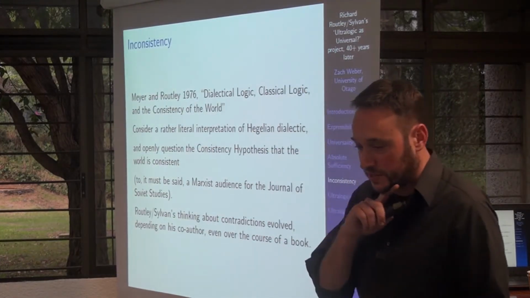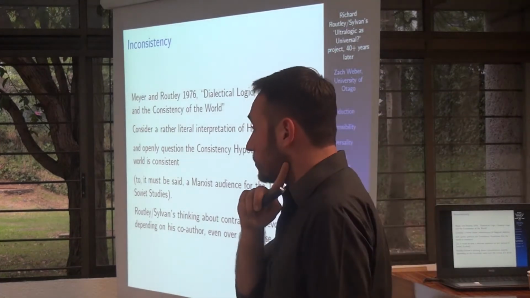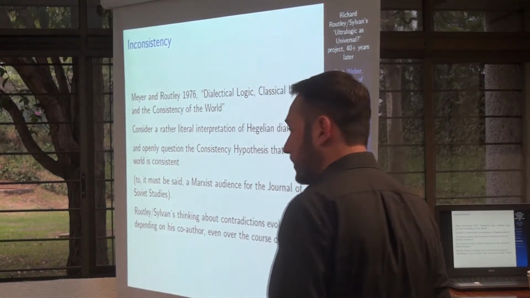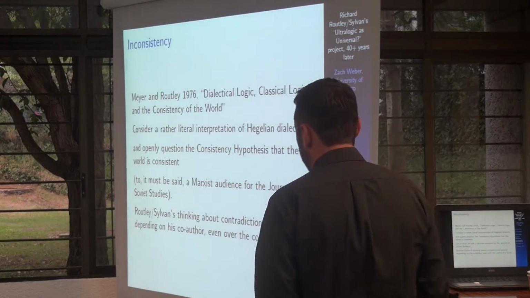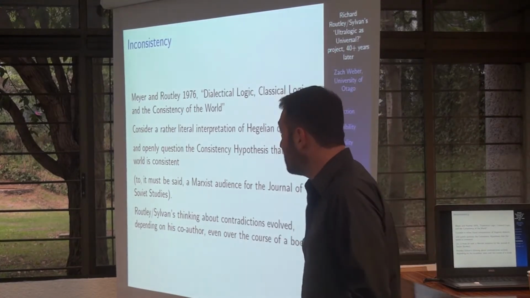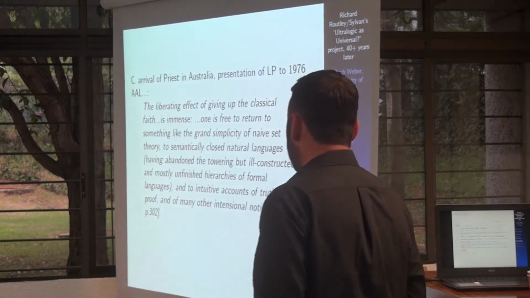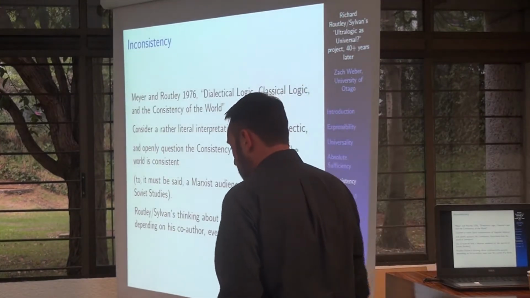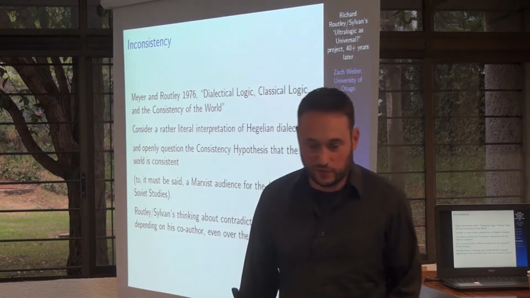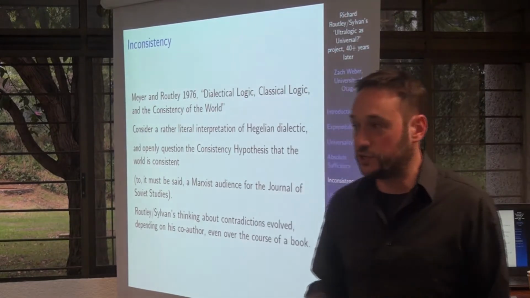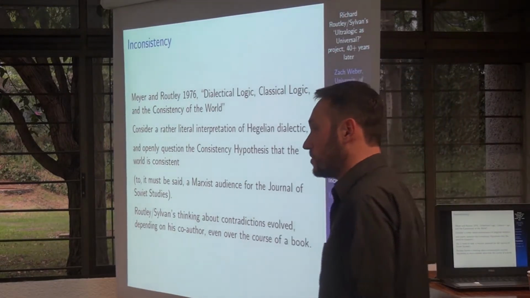And he and Meyer at the time were working on a logic called DL, which at the time stood for dialectical logic. You can read about that in the Journal of Soviet Studies from 1976. Again, between 1975 and 1985, or maybe for his whole career, his views are constantly shifting and changing, sometimes even over the course of a book.